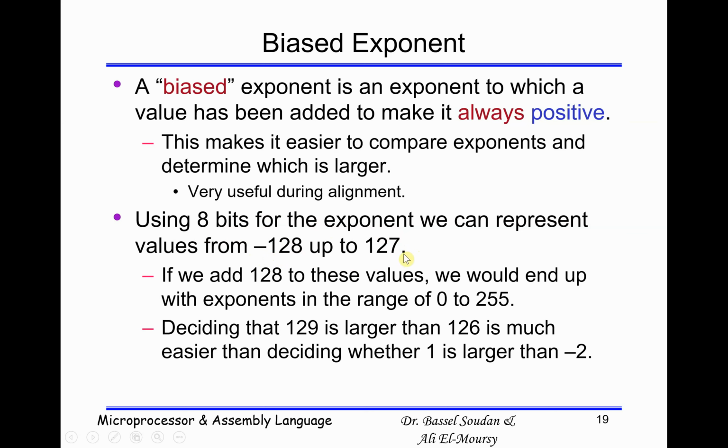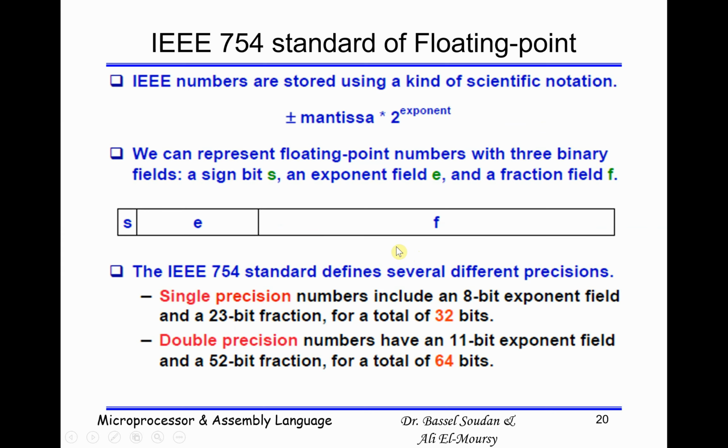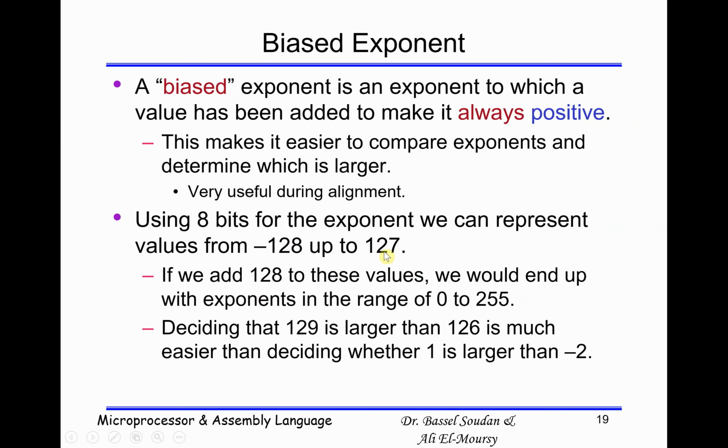And don't ask me where I get that. We get that from digital logic design. So the range of values for signed two's complement numbers for 8 bits is from minus 128 up to 127.